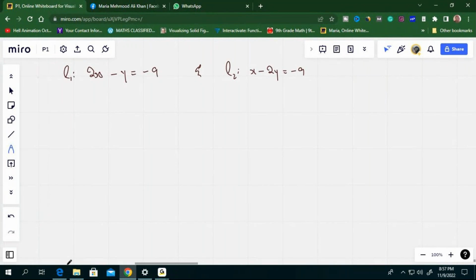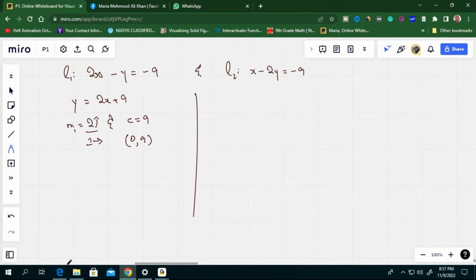Transform your first equation into the standard linear form. It is giving you y equals 2x plus 9. So this tells you that your slope is 2 and your y-intercept is 9. So the point is (0, 9), and you can move 2 units up and 1 unit right in order to get the other point. In this way you can sketch this line.